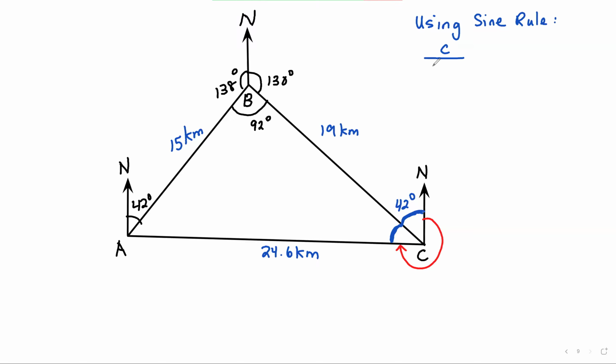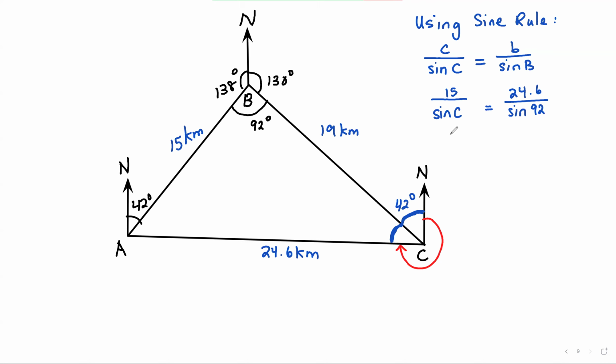Using your sine rule, c over sine C is equal to b over sine B. In this case, c is the side opposite angle C, which is 15. So 15 over sine C, which is what I'm trying to find, is equal to b, which is 24.6, over the sine of B, so sine of 92.